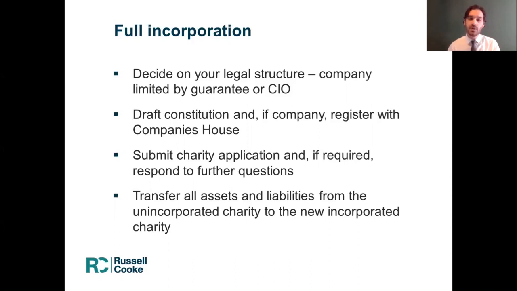So they have trustees who in a company are also the company directors, and they are responsible for the strategy and management of the organisation. And they have members who sit above that and have an overarching constitutional role. They're akin to the shareholders in a for-profit, and they make key decisions. For example, if you're going to amend the constitution in future, it's the members who will sign off on that.